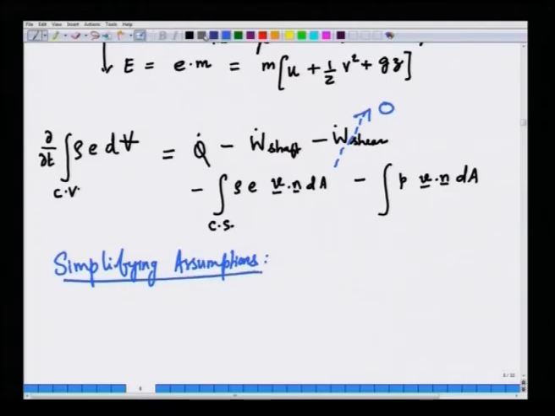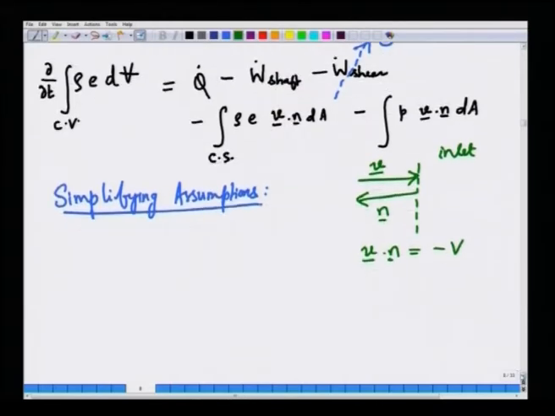Okay. So, when you choose the control surface like this, suppose this is the unit outward normal, this is the inlet, and the velocity is coming in exactly perpendicular to the control surface, then V dot n is minus V. Okay. For the outlet, n and V are pointing in the same direction.